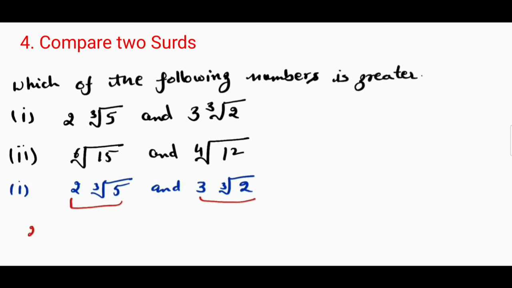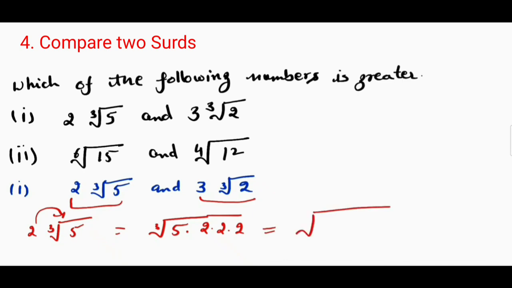So for that, first I write this number, 2 into cube root of 5. We know that we can write this number as cube root of 5 into 2 into 2 into 2. I can take this 2 inside like this. So this will become equal to cube root of 5 into 8, which is equal to cube root of 40.